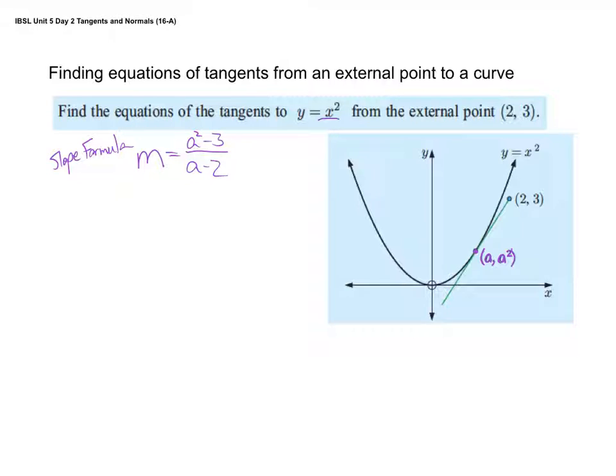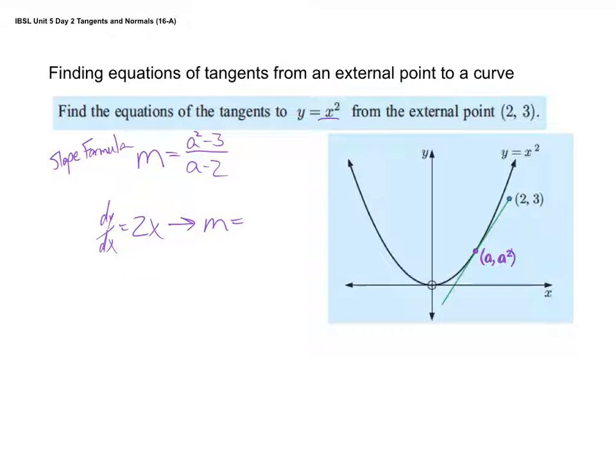How else can I find the slope of that tangent line? Could you find the derivative of that and then use slope-intercept form? We actually don't have to use slope-intercept form, but let's get the derivative. What's the derivative of x squared? 2x. So at the point a, a squared, what's the slope? 2a.